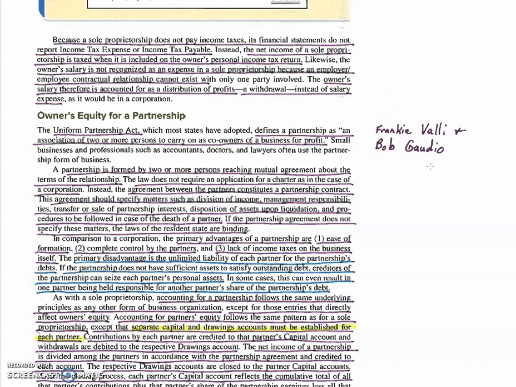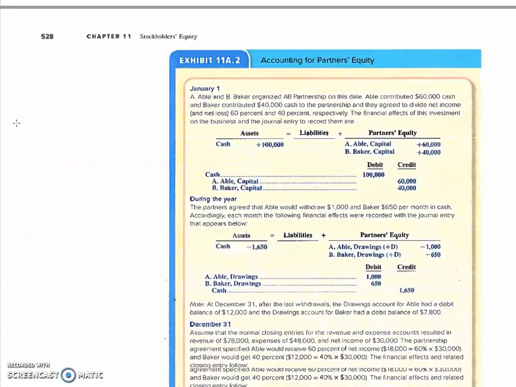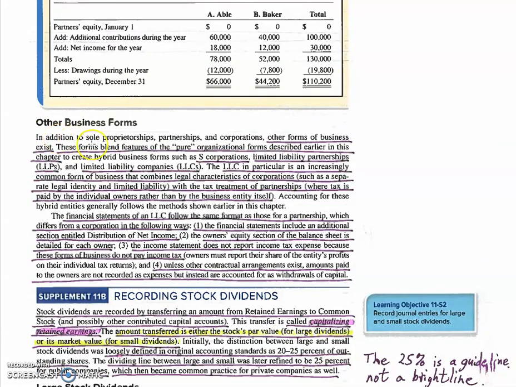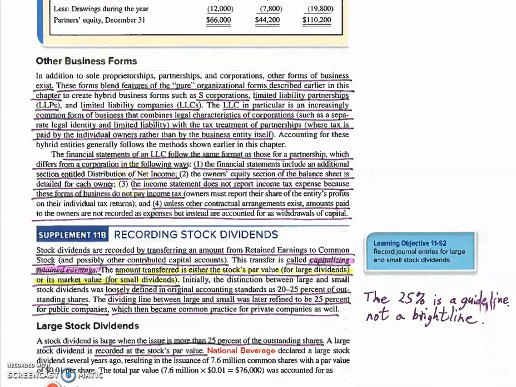That is the rare exception, not the rule. So never get involved in a partnership is my advice. If you want to go into business with a friend, then form an LLC or an LLP. Okay, and they talk about LLPs and LLCs down here.